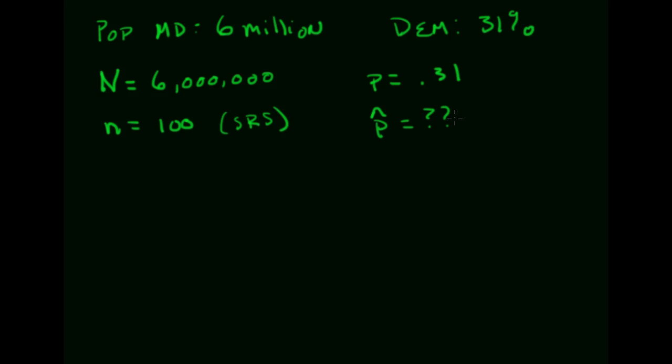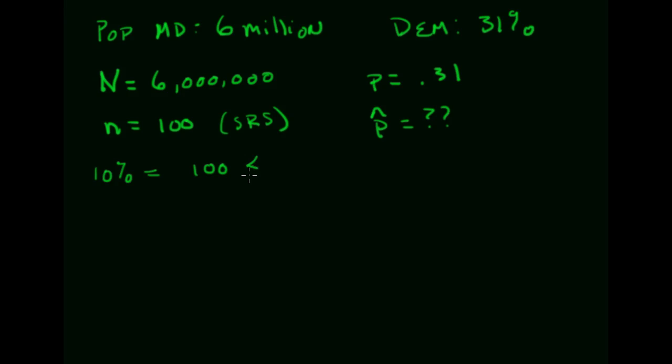Not every sample of 100 Marylanders is going to have the exact same value, but we're going to get some central tendency, and the sample proportion is going to be centered around a particular number, and I'm going to be able to calculate the standard deviation of that. So the first question is, do I meet the 10% condition?